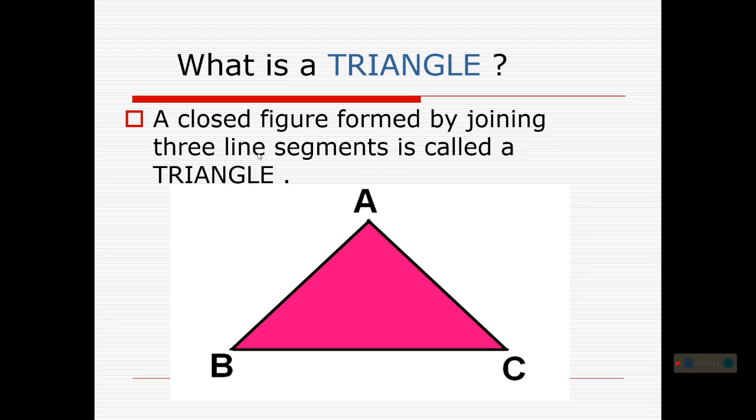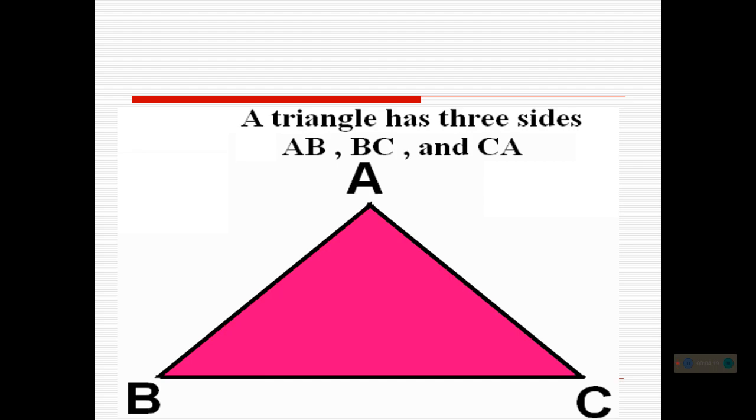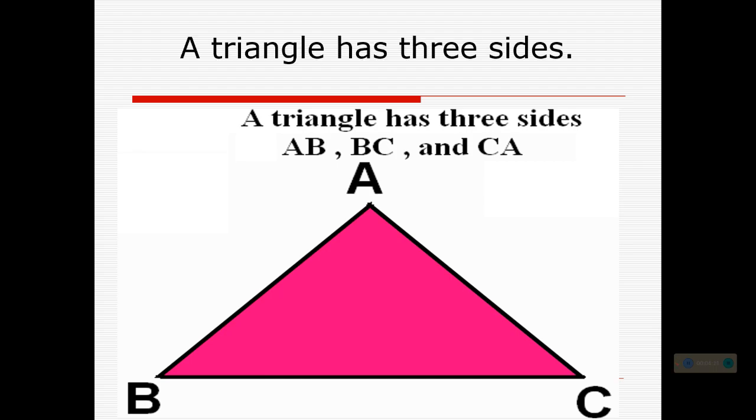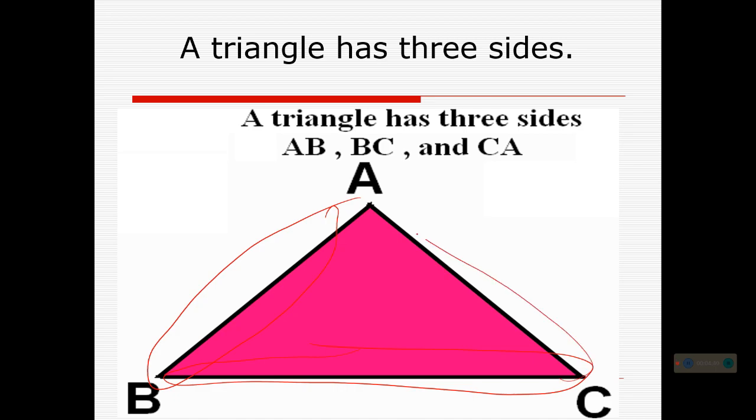So, again, when we say triangle, it is a closed figure formed by joining three line segments. A triangle, of course, has three sides. In this figure, we have side AB, and then we also have side BC. So, again, we have side AB, side BC, and the last is side CA. These are the three sides of triangle ABC.